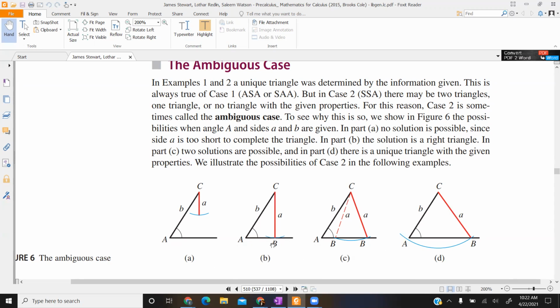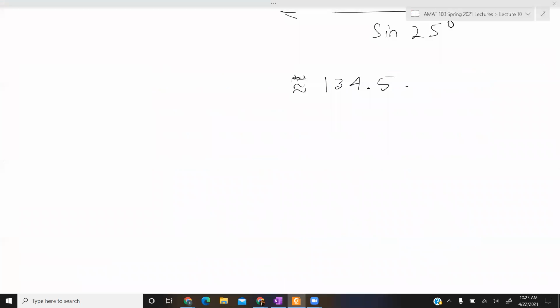The only side length that changes is C, because that depends upon the angle you rotate C out to. So we're going to learn how to deal with this ambiguous case now.